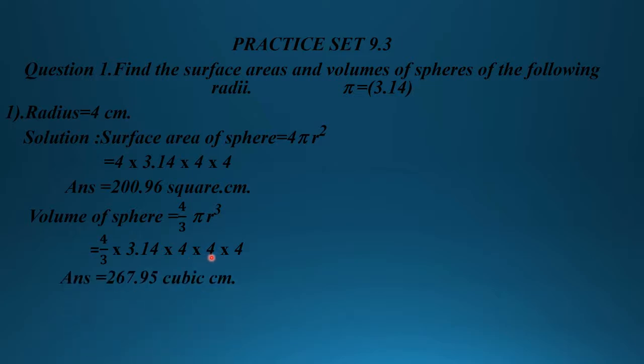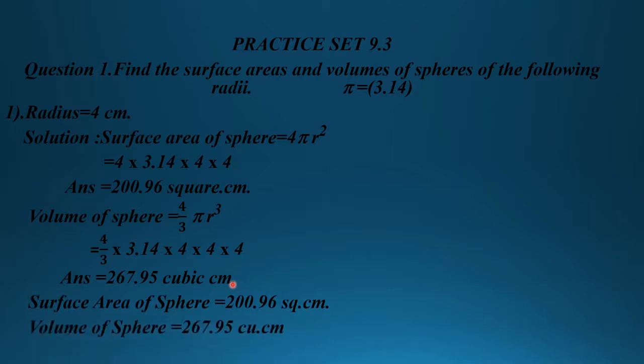Therefore, the volume of sphere is equal to 267.95 cubic centimeter. Now, we are writing the answers together. Surface area of sphere is equal to 200.96 square centimeter and volume of the sphere is equal to 267.95 cubic centimeter.